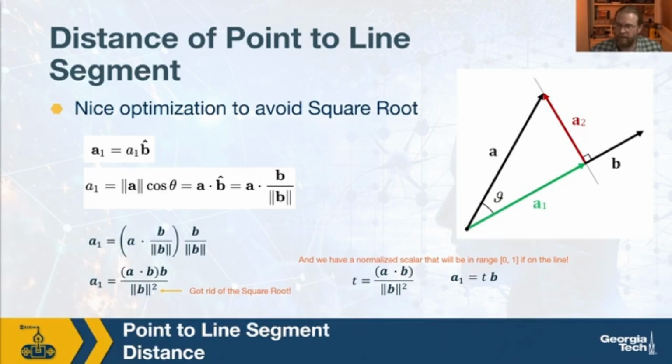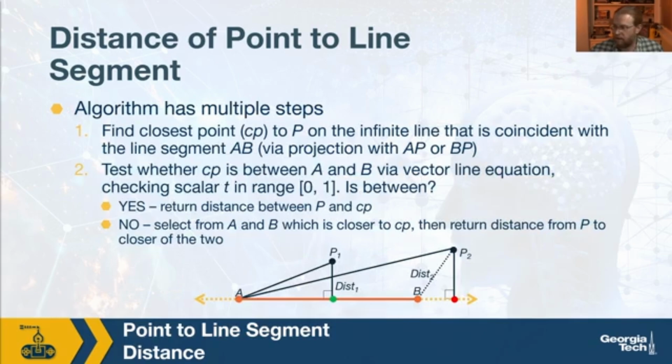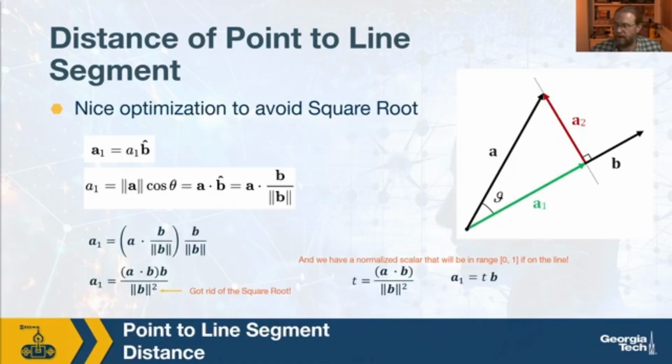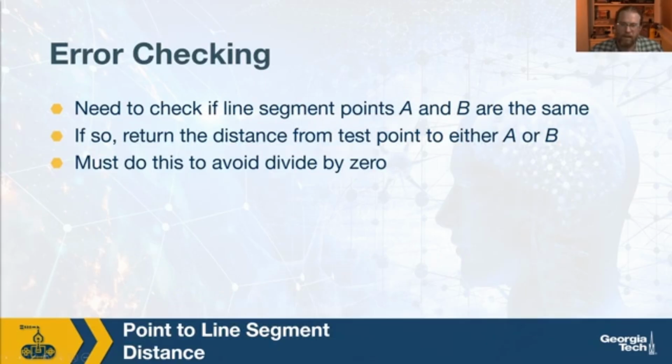There's only one other thing we have to watch out for, and that is if A and B, those two points that define our line segment, are the same point, because that would result in a divide by 0, since we have this magnitude term here, and we don't want that. So we need some conditional logic to test if A and B are the same.